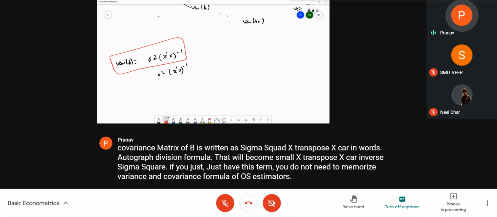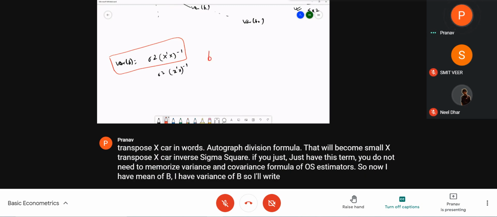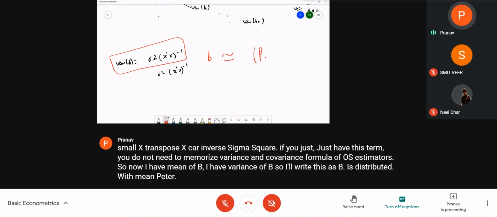So now I have mean of B, I have variance of B, so I'll write this as B is distributed with mean beta and variance sigma square (X transpose X) inverse.